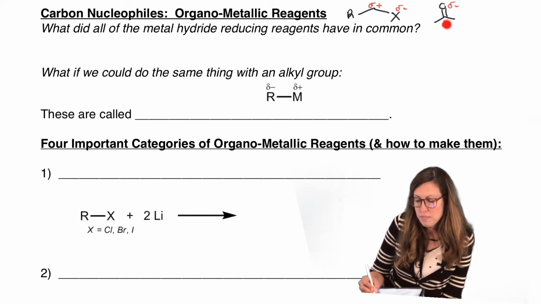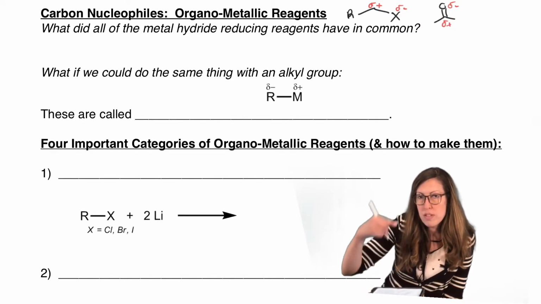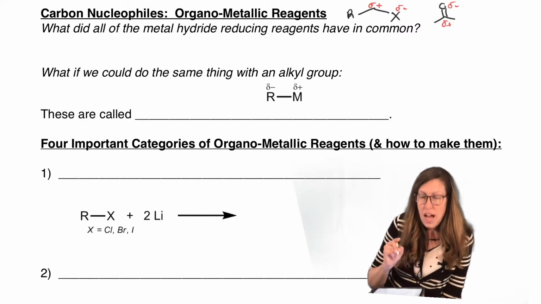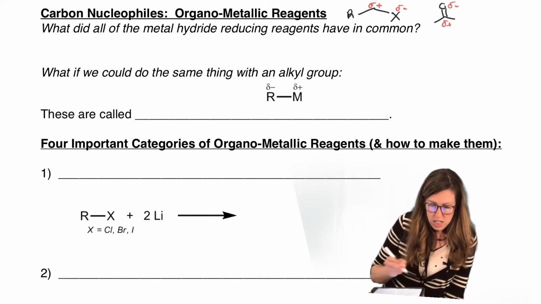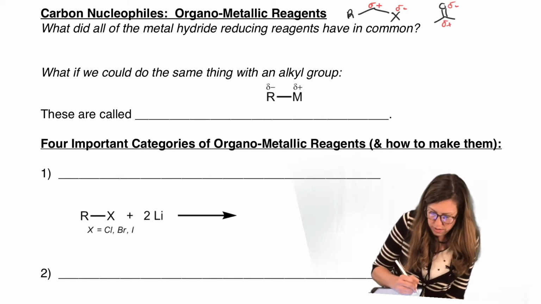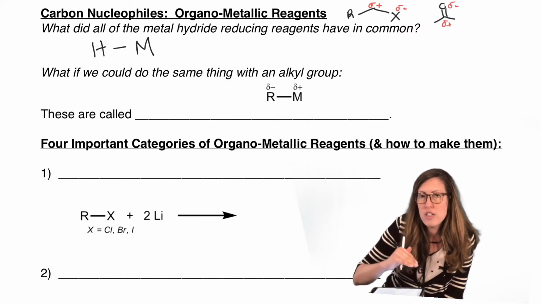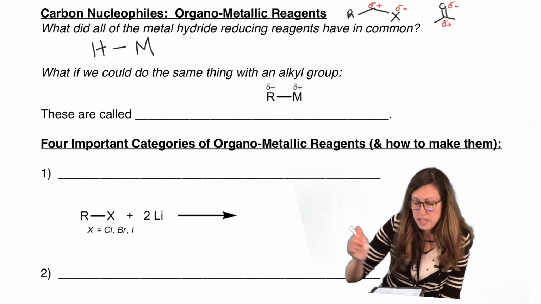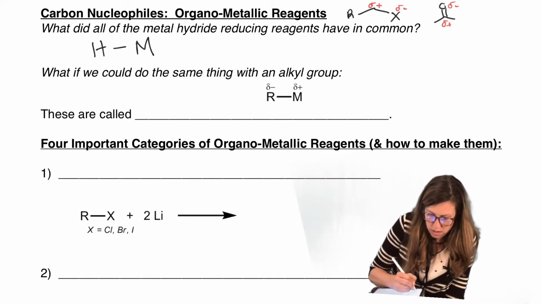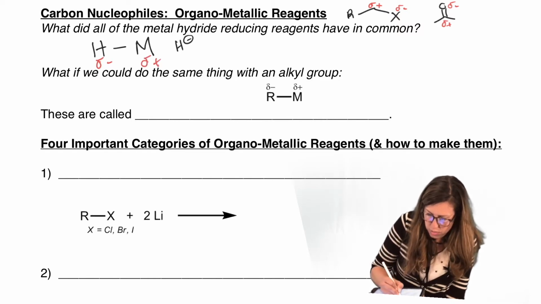So remember this previous section, metal hydride reducing agents, they were all hydride nucleophiles. Remember that's thanks to the fact that we're not used to thinking of hydrogen that way, because up until this point we usually had hydrogen on something that was more electronegative. If we attach it to one of those metals, however, we saw we had this dipole that was the opposite of what we're used to seeing, and so we had an H minus nucleophile.